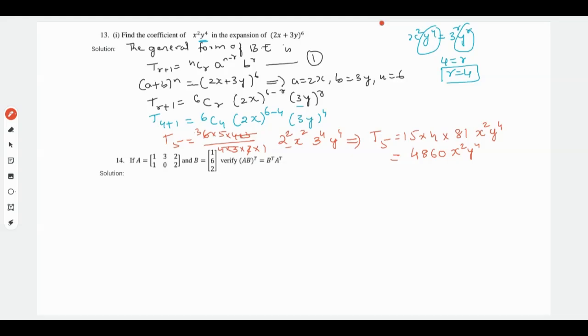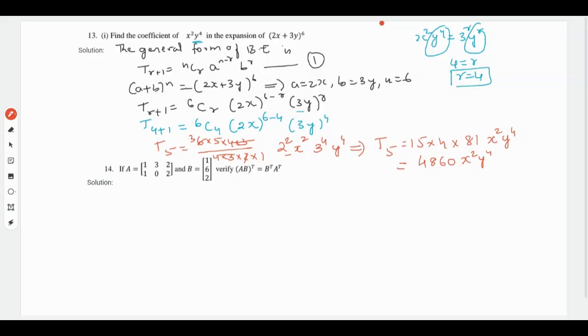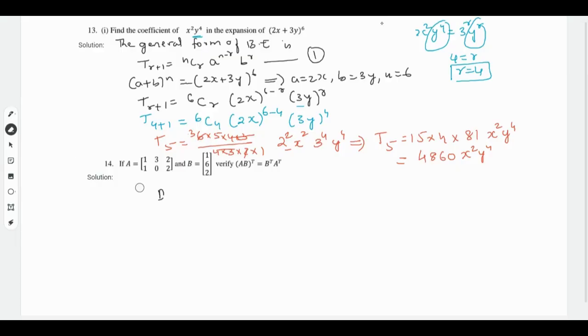Then moving on with the next question, we have find the (AB) transpose. Find the (AB) transpose is equal to B transpose A transpose. So here to find transpose, first we'll find LHS.